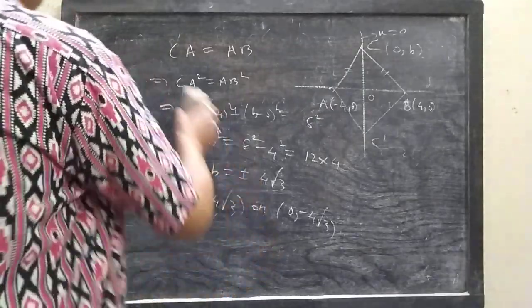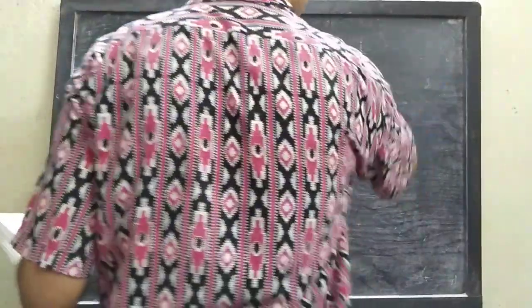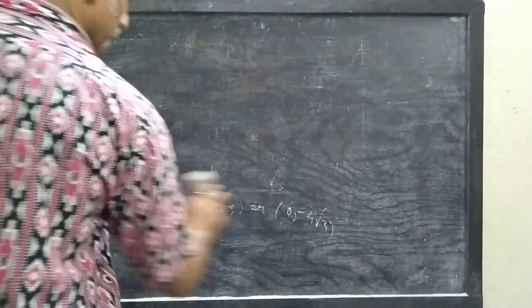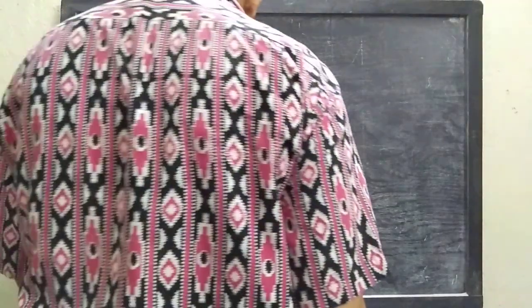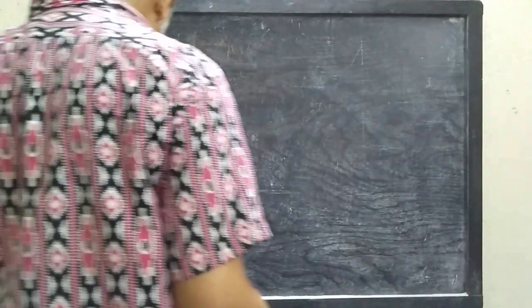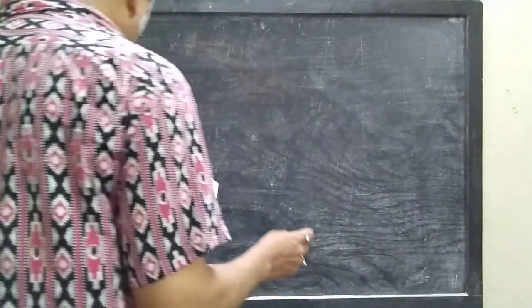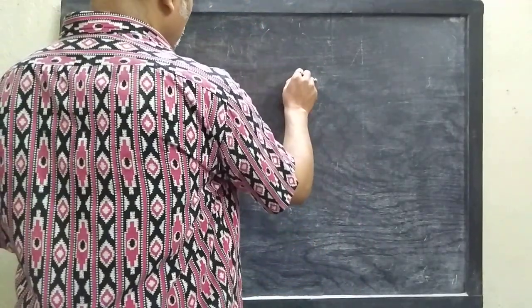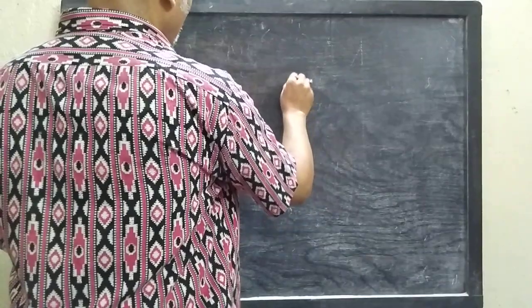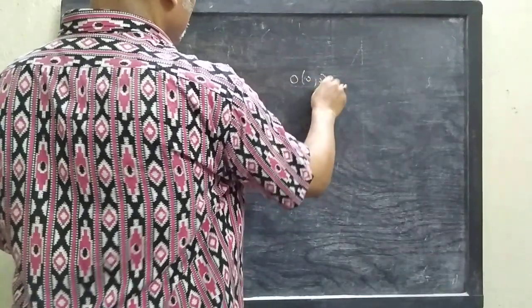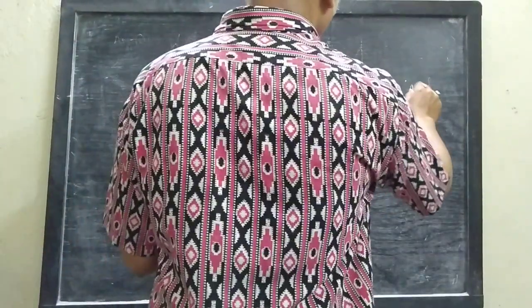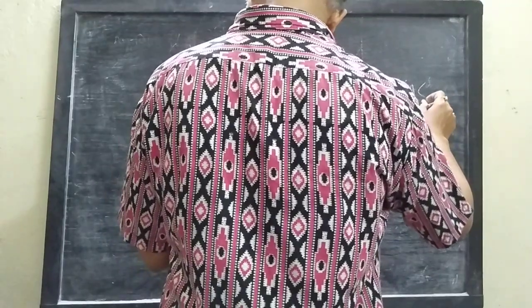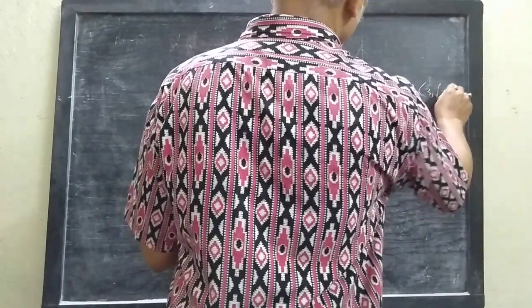Another one. Here the two vertices of an equilateral triangle are given in some other form. One is the origin 0, comma 0, other is say A, with coordinates 3, comma root 3.